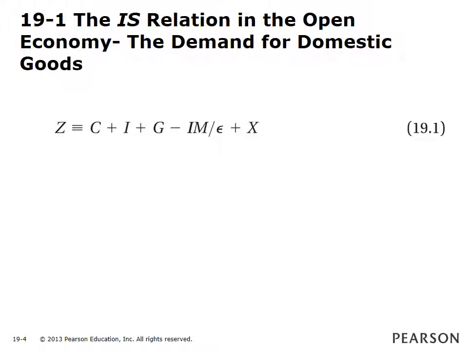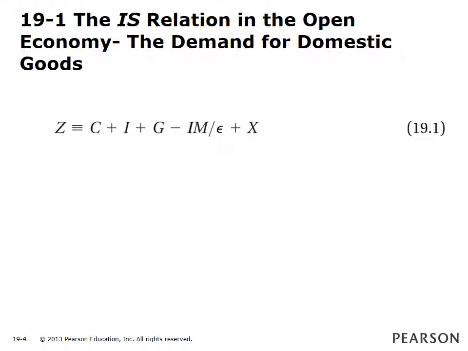In equation 19.1, the term C plus I plus G constitutes the domestic demand for goods. In a closed economy, this is also equal to the demand for domestic goods. But in an open economy, some of the demand for domestic goods comes from abroad, and some of the domestic demand falls on imports.